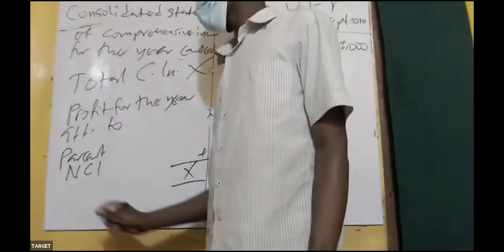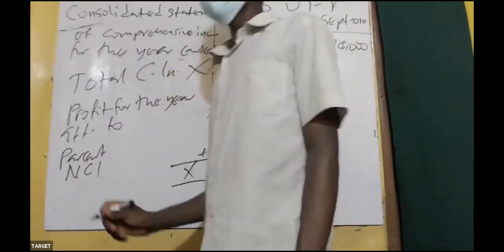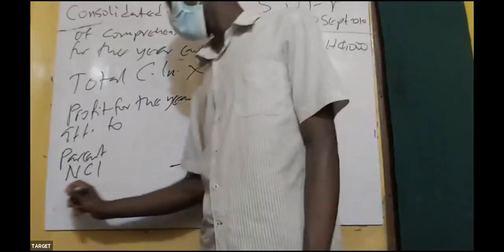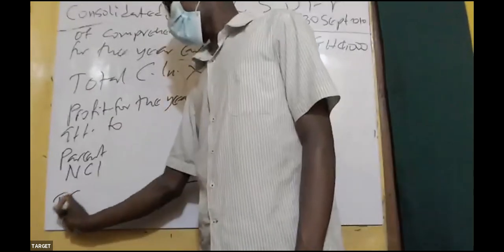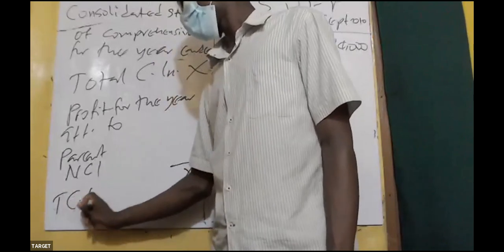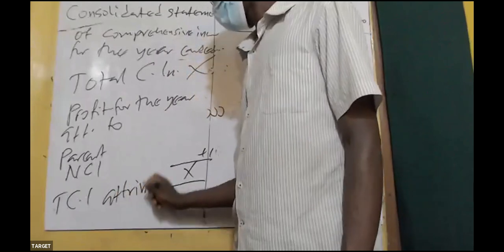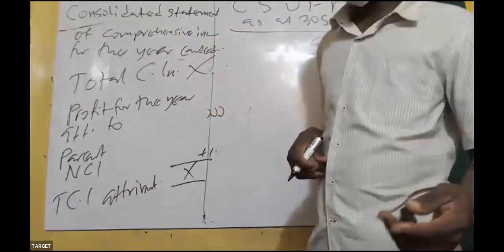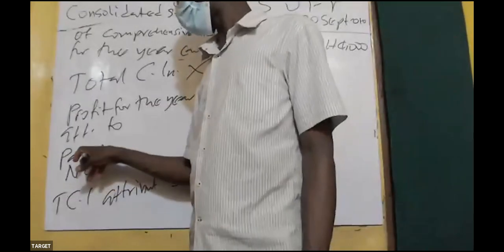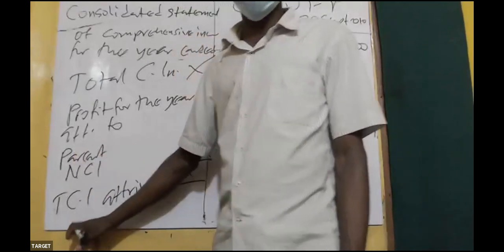Then come again and write total comprehensive income attributable to the owners of the parent, and NCI will come down.